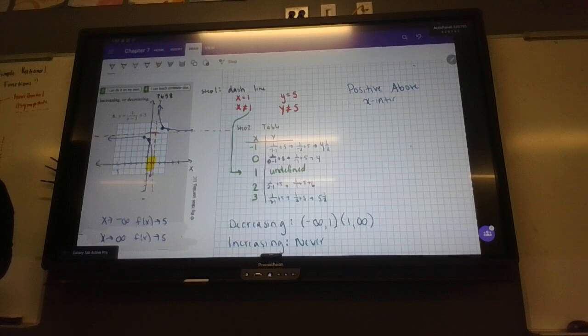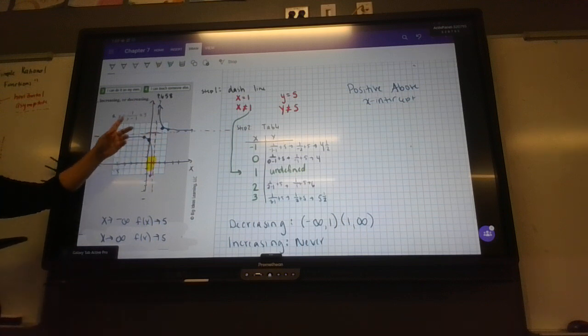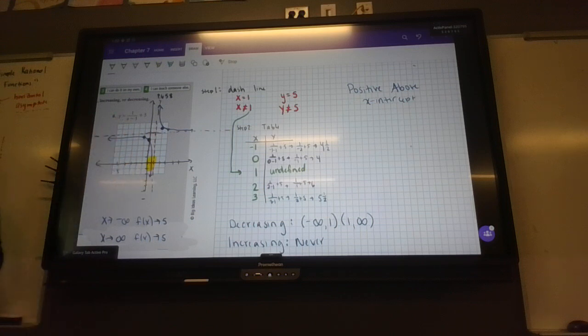Does anybody remember anything about x-intercepts? Any interesting characteristics about them? At every x-intercept, y is 0. So we can put a 0 in and figure out what the x-intercept is.